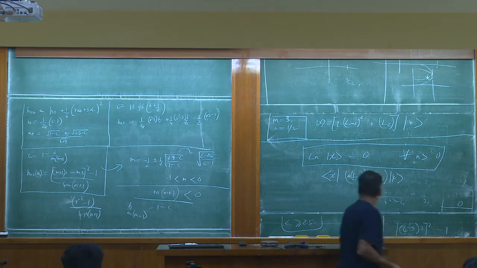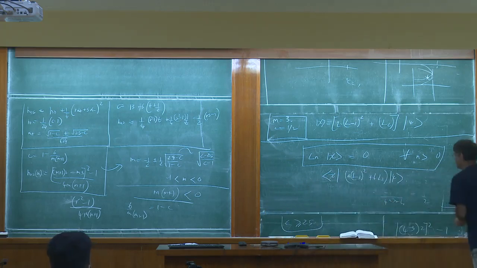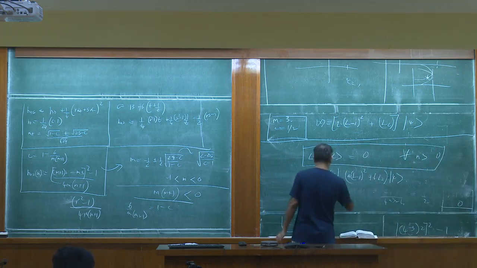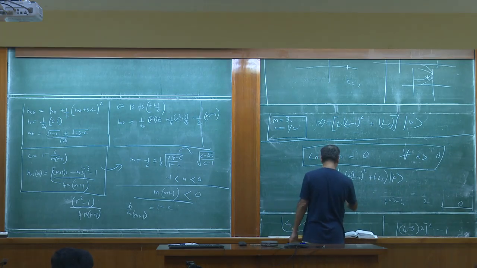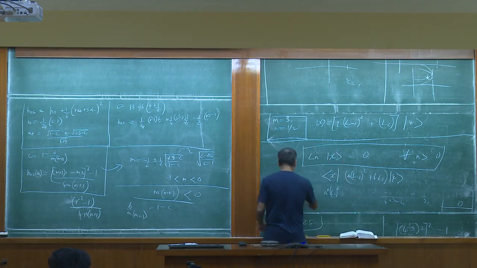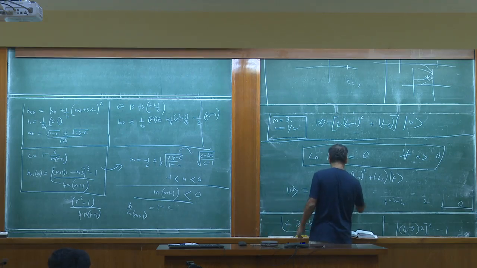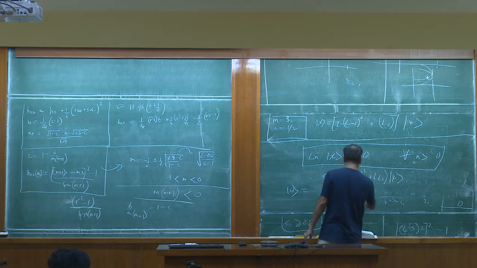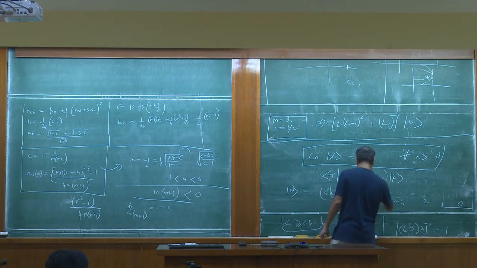But this is the same as A star into L1, the whole thing squared. Define the vector theta equal to A star into L1 squared plus B star into L2 on chi.